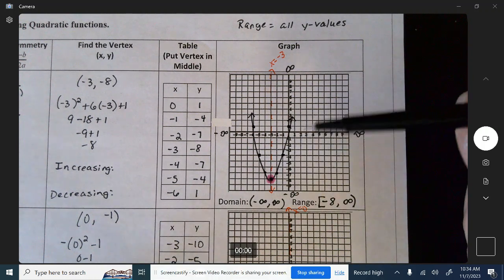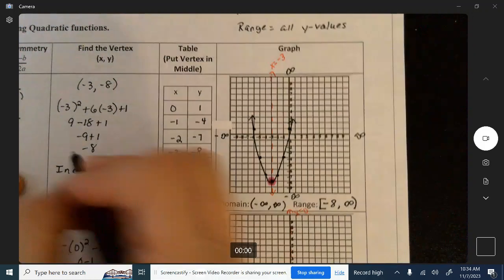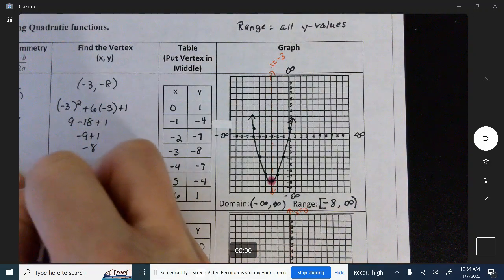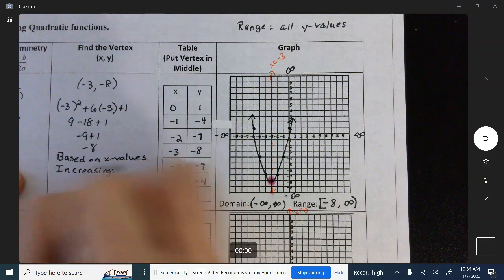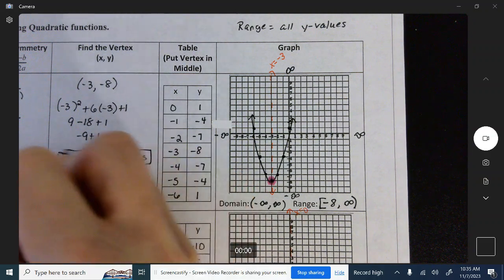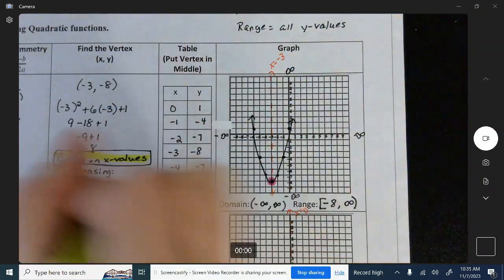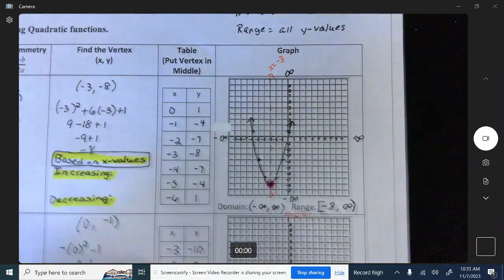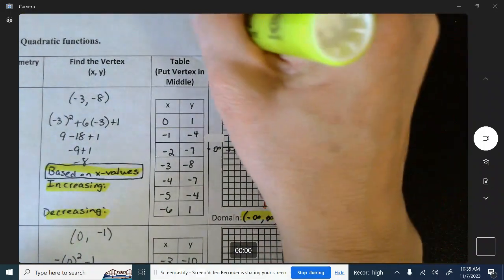Now, you always base increasing and decreasing on x values. So let's write this up here. Based on x values for increasing, decreasing. Okay? So I'm going to highlight that. And I'm going to highlight several things here. Yellow, yellow.